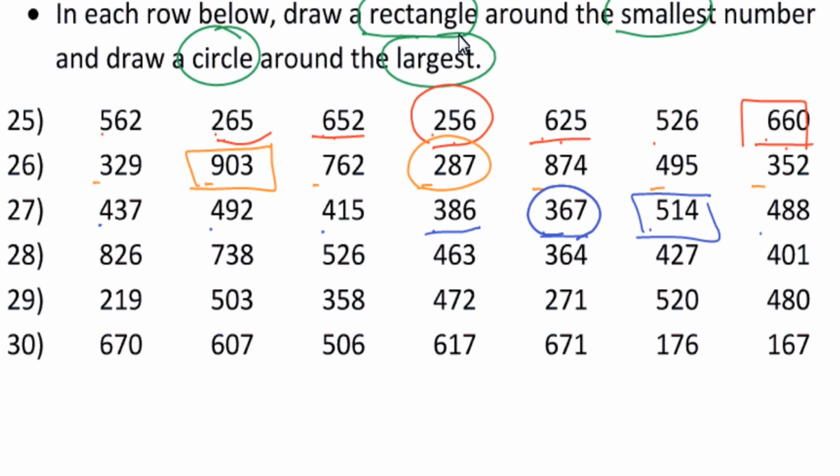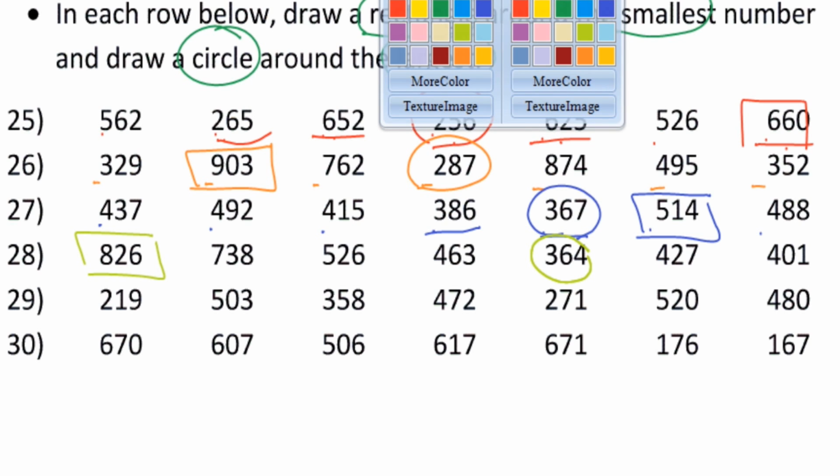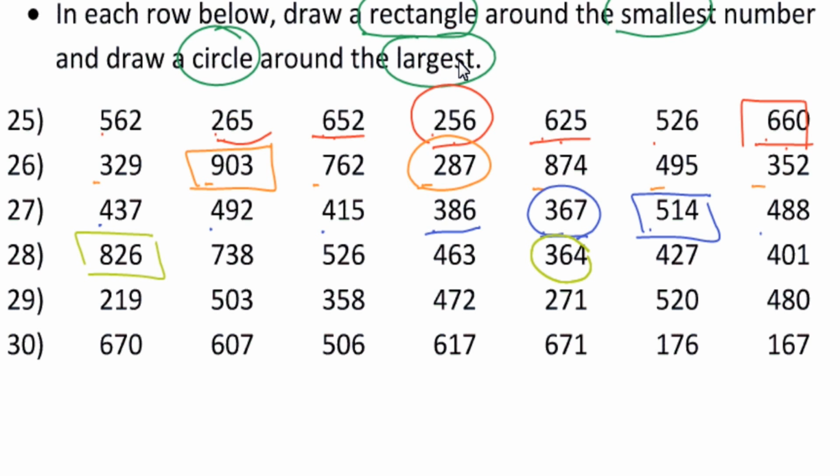When I search for the hundreds, I will find that the greatest number is 826 and the smallest will be 364. And in the next question, when I search also with my eyes like that, you will find the greatest number is 520 and the smallest will be 219.